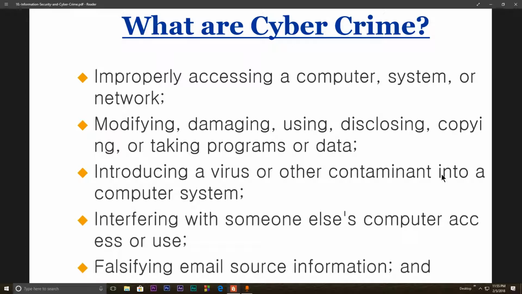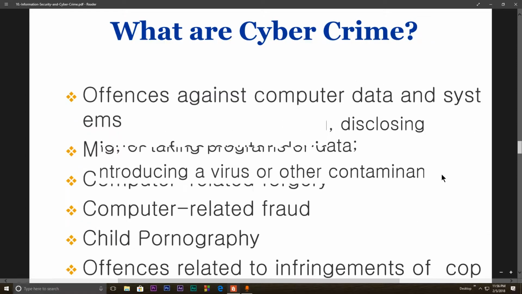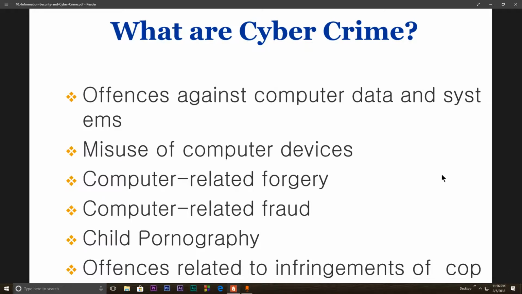Suppose you interfere with a personal PC that is not under your control, you have no access to that PC, but you are still interfering with someone else's data. That is not good for that person. So this is also under cybercrime. Falsifying email source information. Those are cybercrime. And we have offenses against computer data and systems, misuse of computer devices, computer-related forgery, computer-related fraud, and child pornography, all those.